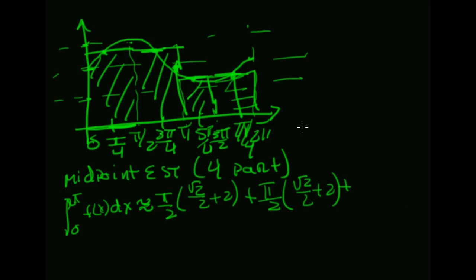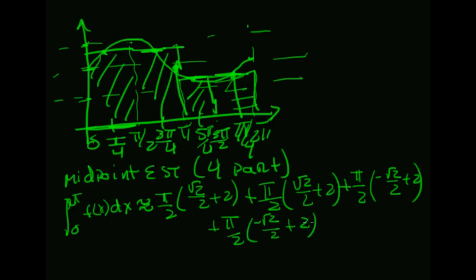This one also has a width of pi over 2. Its height is the sine of 5 pi over 4 plus 2, which is negative root 2 over 2 plus 2. And finally, this last partition has a width of pi over 2, and its height is the sine of 7 pi over 4 plus 2, which is negative root 2 over 2 plus 2. All right, so let's look at what happens here.